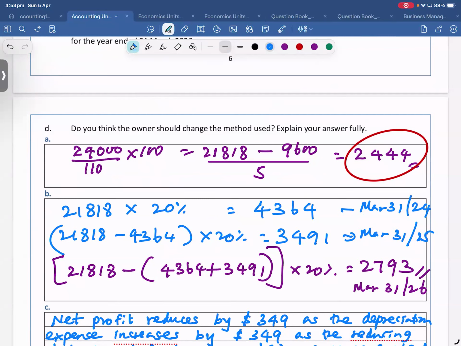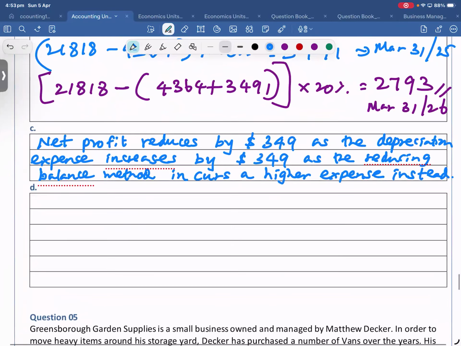Right, shall we write it? So then, should we change it?